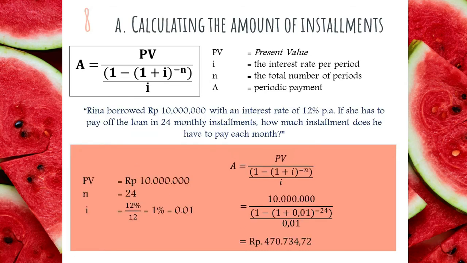The example is Rina borrowed 10 million rupiah with an interest rate of 12%. If she has to pay off the loan in 24 monthly installments, how much installment does she have to pay each month? And then we get the result is here.